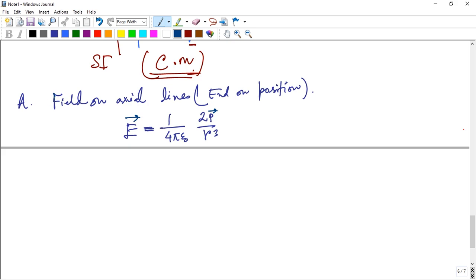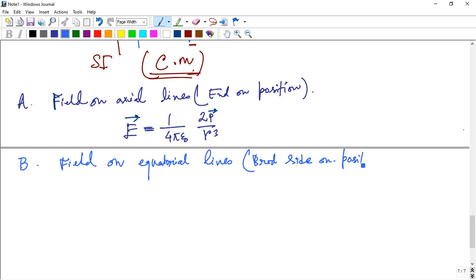So there is a field here, that's the electric field, at that point. Now, another point: the field on the equatorial line, on both sides.